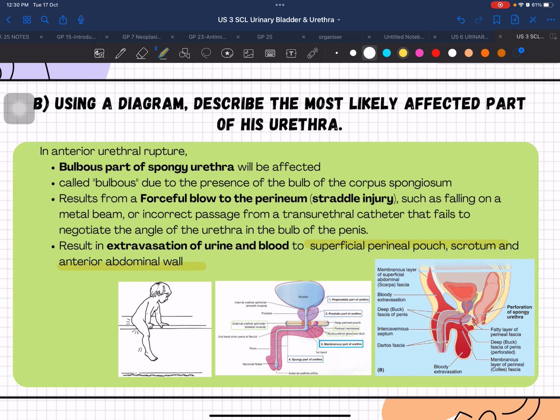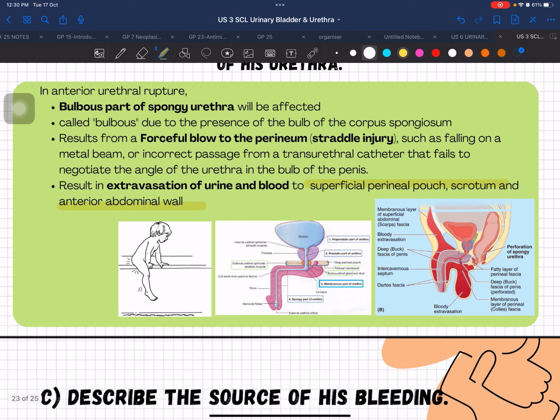First is the preprostatic part at the neck of the bladder, then the prostatic part at the level of the prostate, then the membranous part below that, and then the spongy part. The spongy part is divided into 2, the bulbous before the second bend here, and then the penile. So in this case, it will affect the bulbous area.